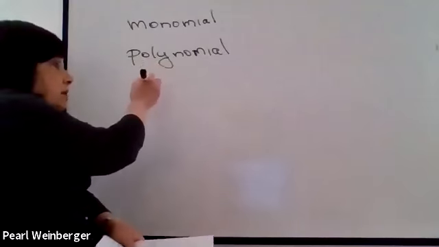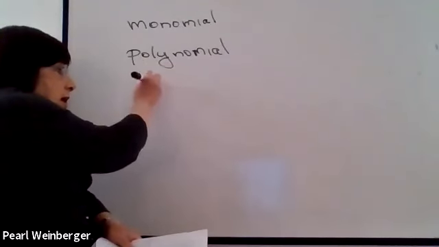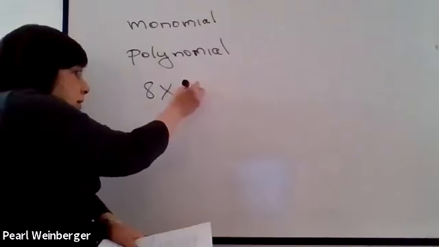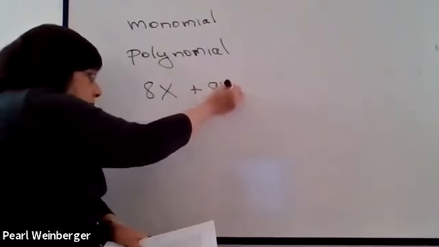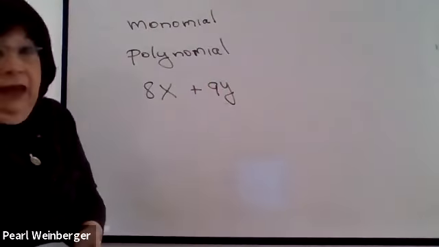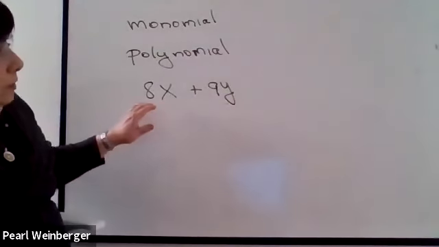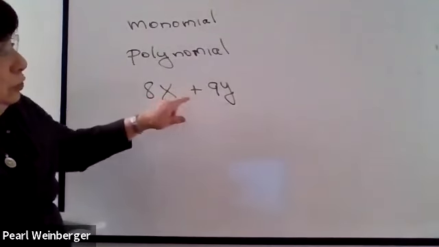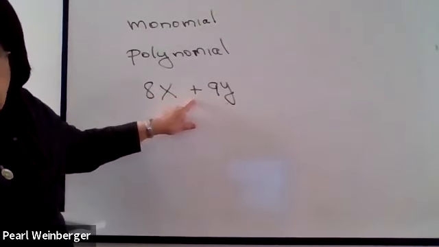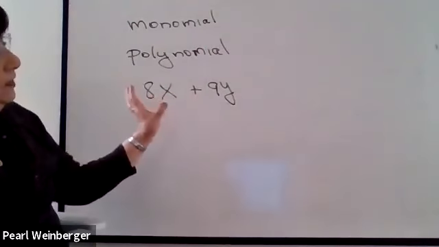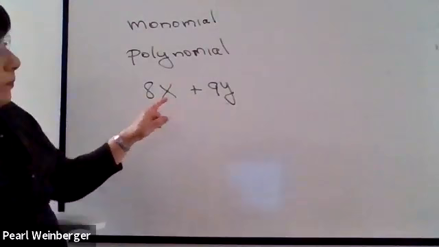So if I write something like this, 8x plus 9y, this would be a type of polynomial. There are, in this case, two terms. As soon as the operation between them is either plus or minus, then you have separate terms.